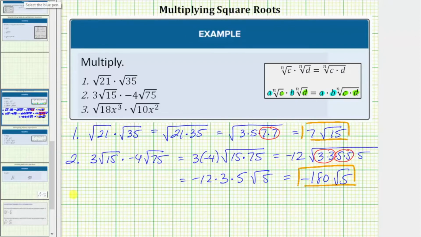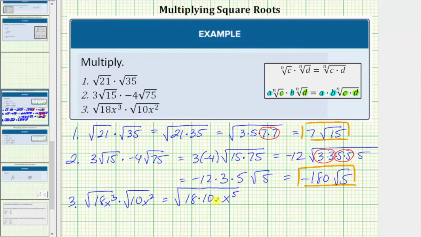And now for number 3, we have the square root of 18 x to the third times the square root of 10x squared. This is equal to the square root of 18 times 10 times x raised to the power of 3 plus 2, which gives us x to the fifth.